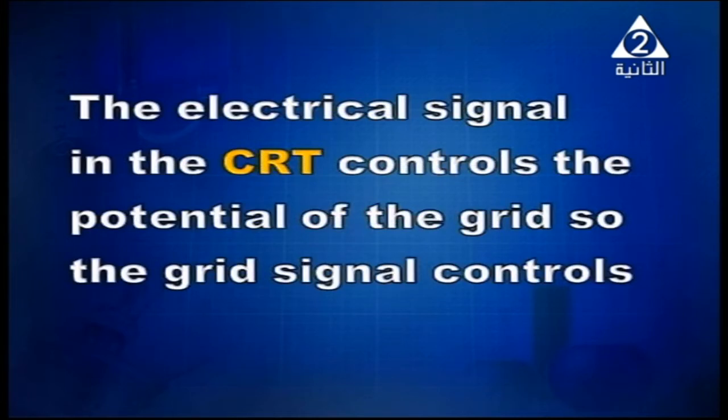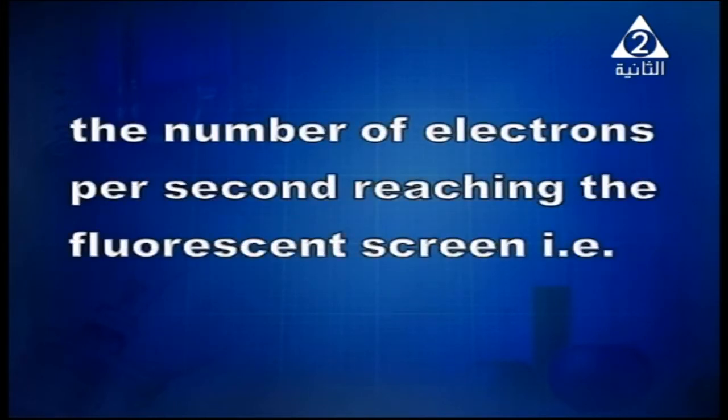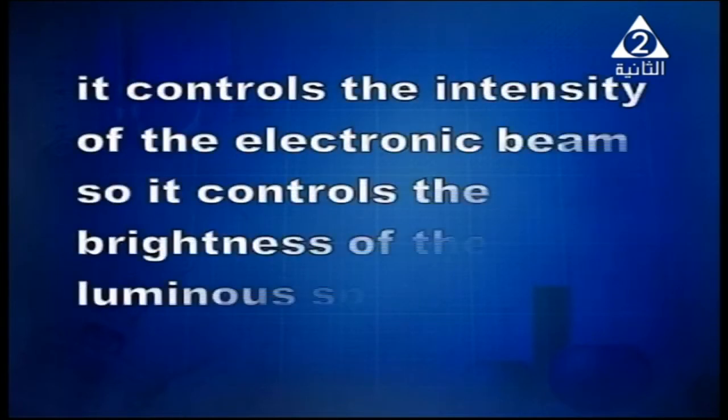The electrical signal received in the cathode ray tube controls the potential of the grid. So the grid signal controls the number of electrons per second reaching the fluorescent screen. And that's to say, it controls the intensity of the electronic beam. So it controls the brightness of the luminous spot.